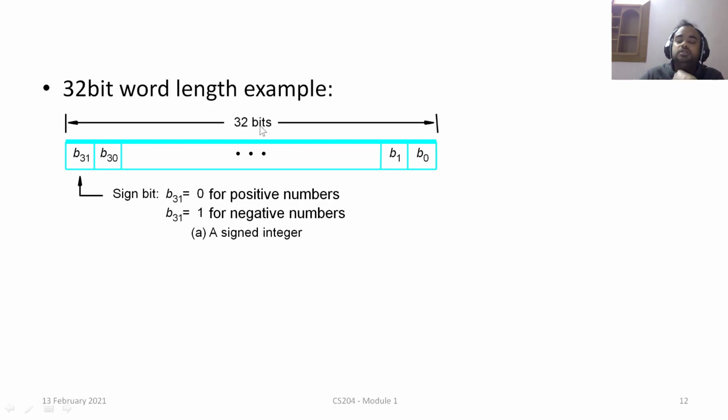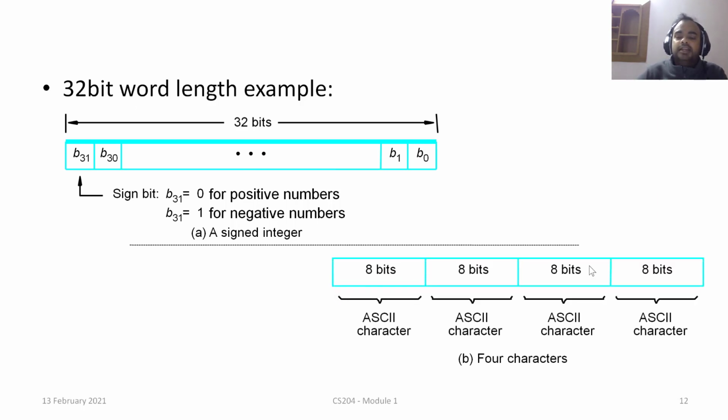But again, we can use the same 32 bits to represent a number in 2's complement form, or if it is a floating point, then it has its own format, etc. That's the reason I've asked you to revise those representations. The same word can also be used to represent 4 ASCII characters.